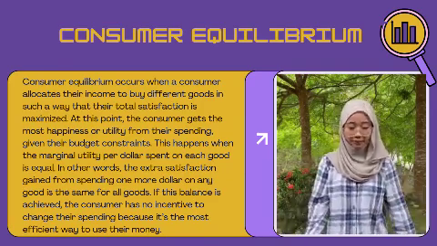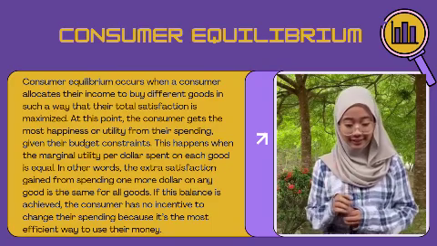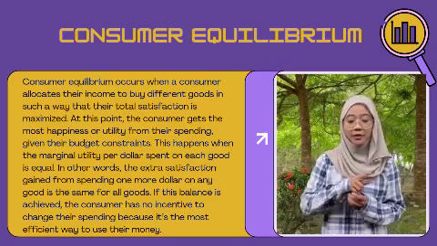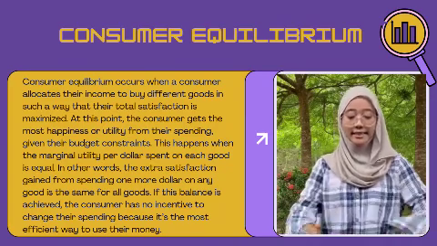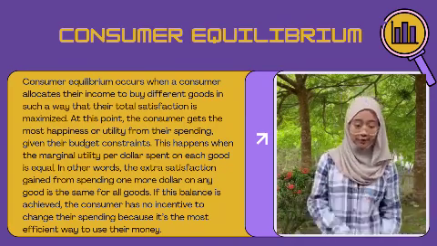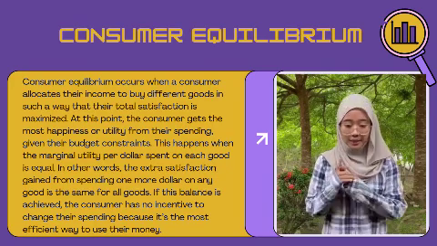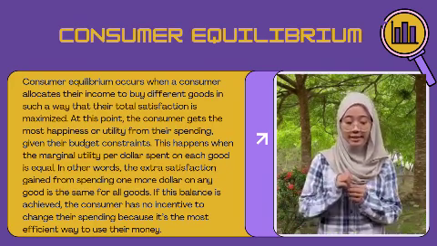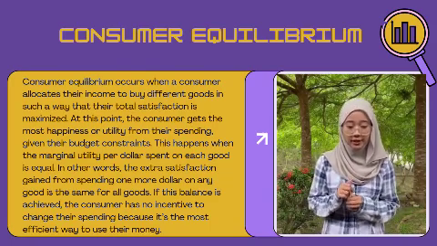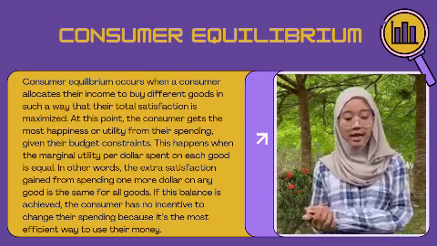In other words, the extra satisfaction gained from spending $1 more on any good is the same for all goods. If this balance is achieved, the consumer has no incentive to change their spending because it's the most efficient way to use their money.